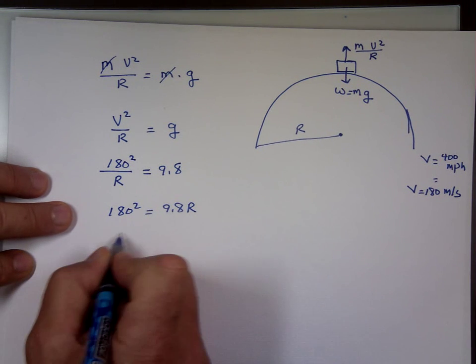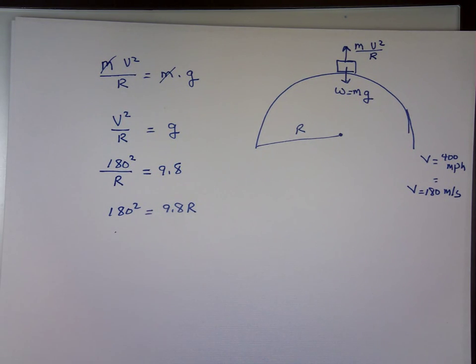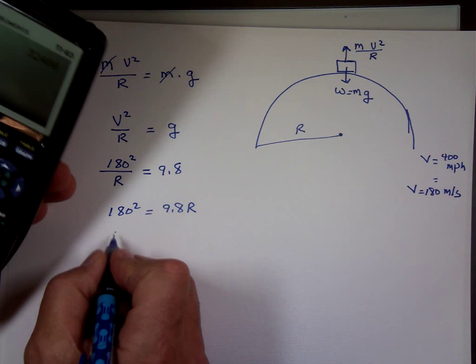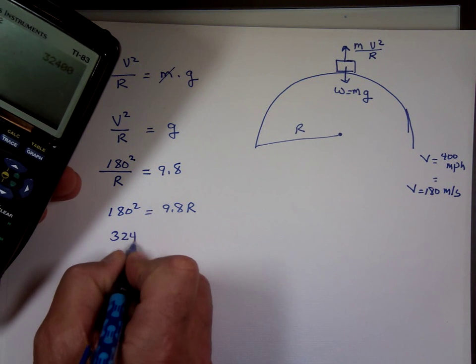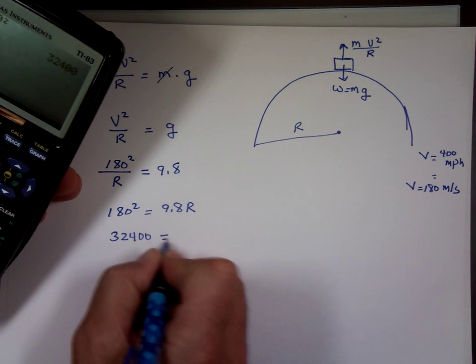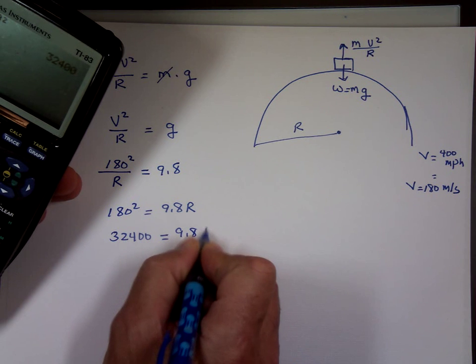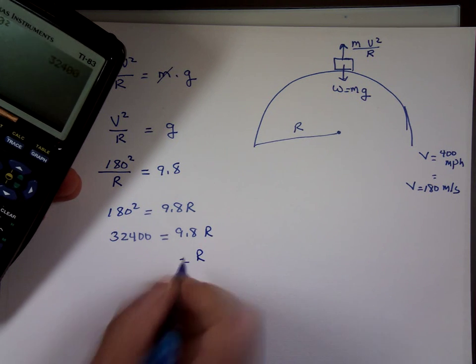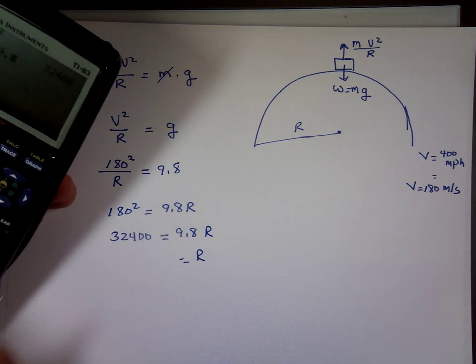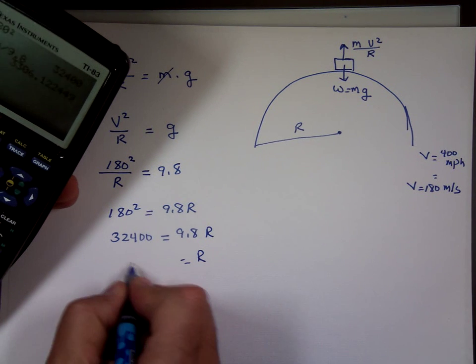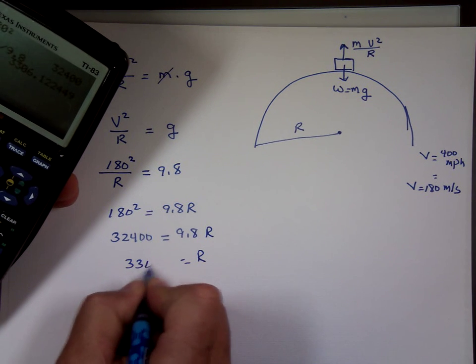What's 180 squared? 32400 equals 9.8 r. We need that to be 3306 meters, the radius.